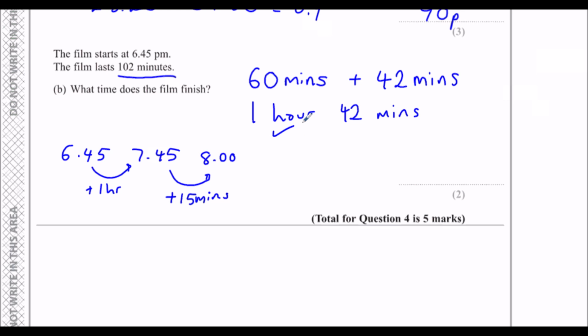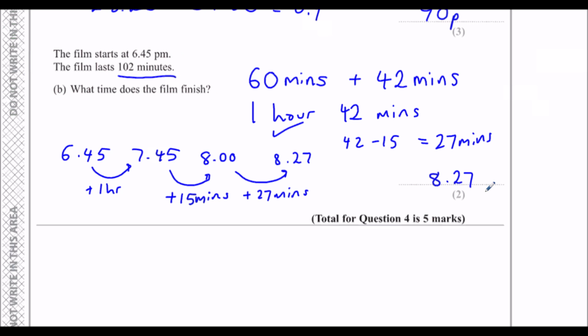So I've done the hour and I've done 15 minutes. So if I do 42 take away 15, how much have I got left? 27. So then I need to add another 27 minutes on. That will take me to 8:27. So the time is 8:27 and it's PM. So I'll write PM.